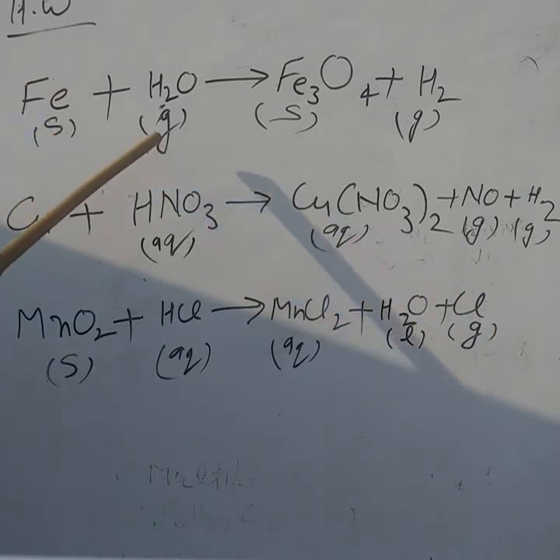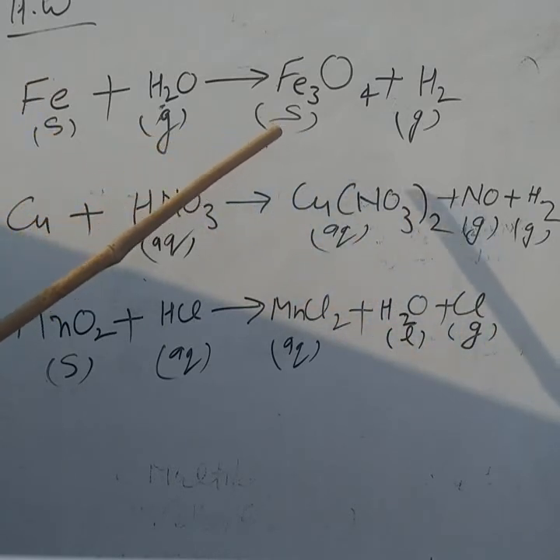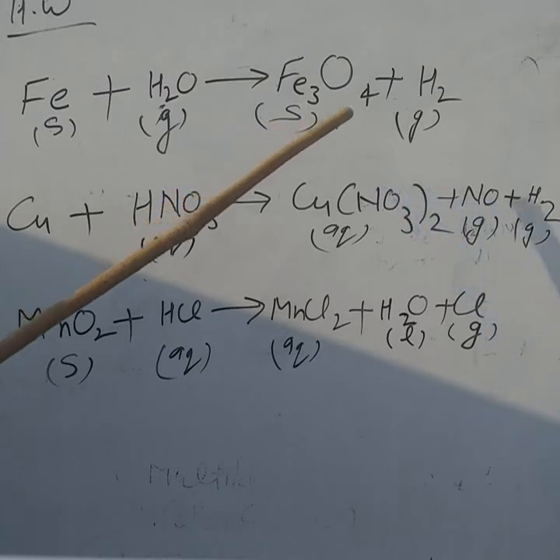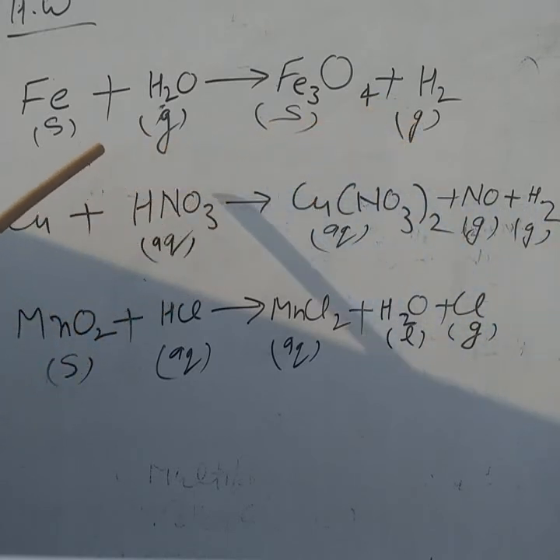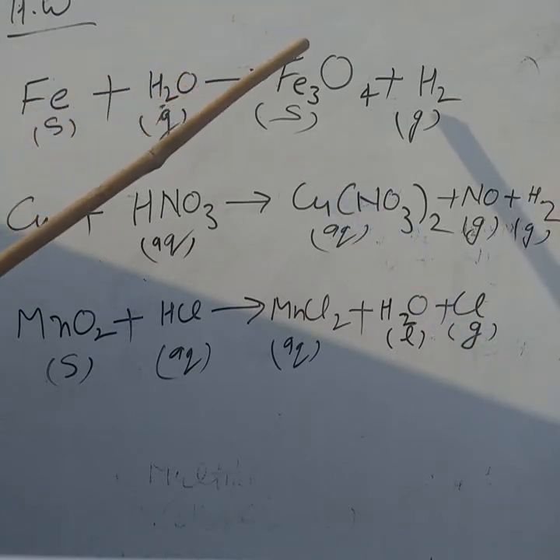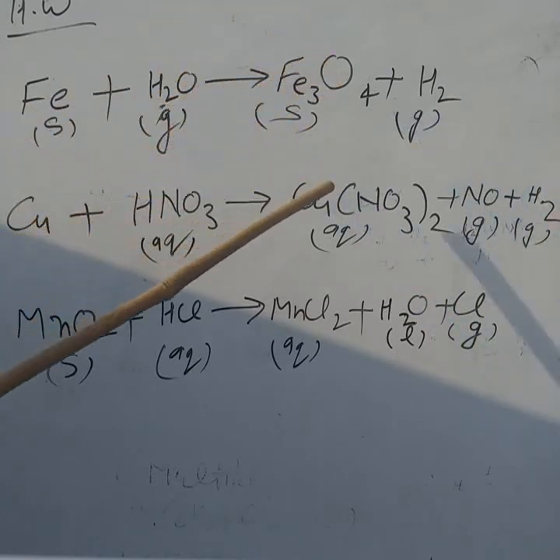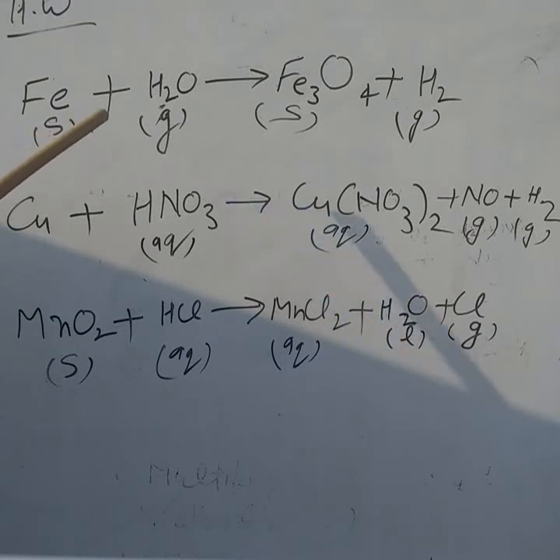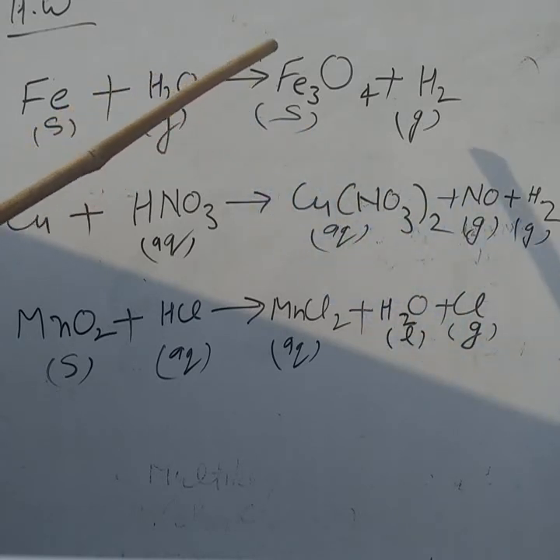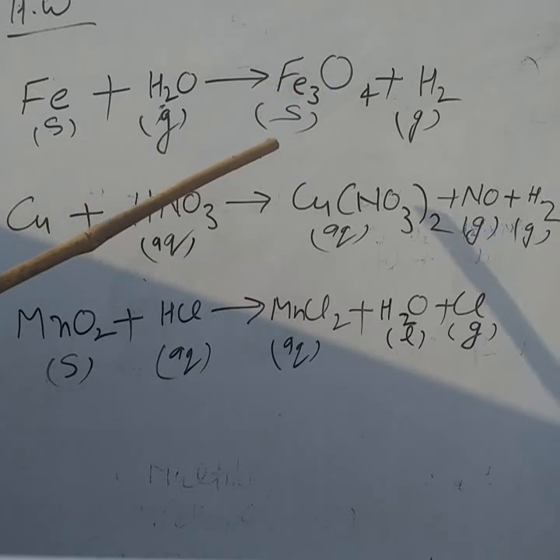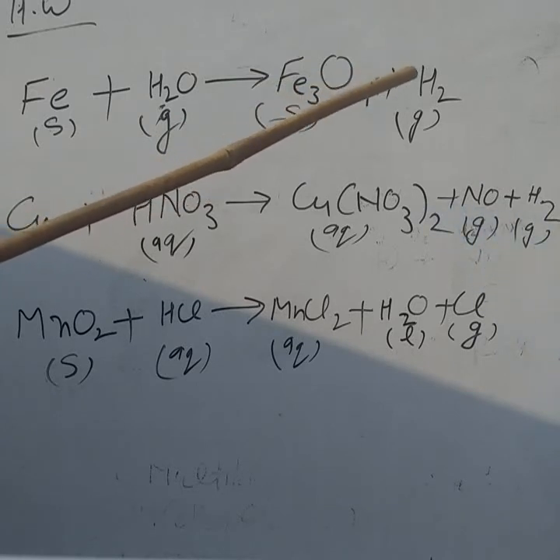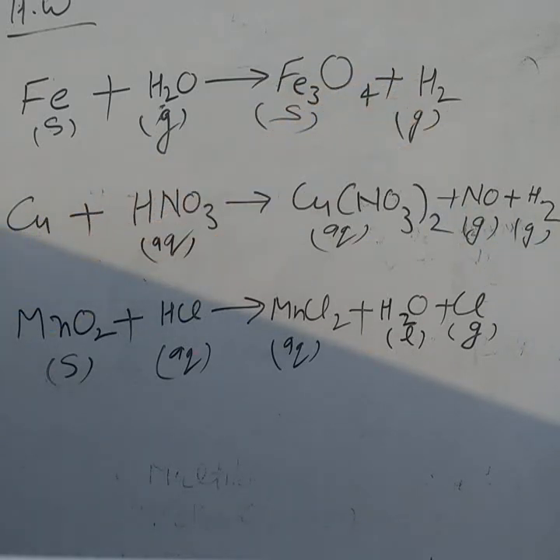The state symbols are written here with the molecular formulas. Fe is solid, water is gaseous, it is water vapour, so it shows the gaseous state. Fe3O4 is solid and hydrogen is gaseous.